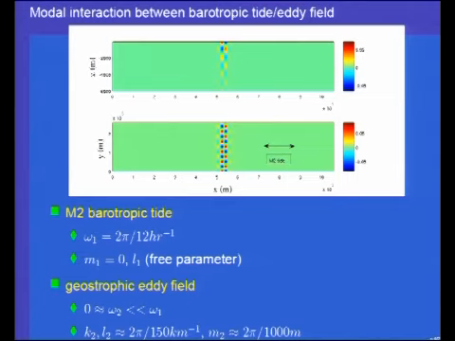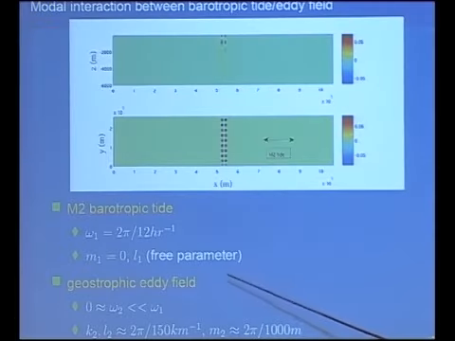So the problem as we see it is sketched here very simply. That's a horizontal cross-section, and that's a vertical cross-section of, say, a typical eddy field. We have an eddy field with a particular scale.